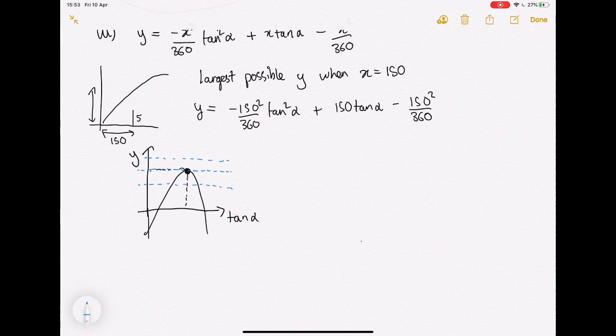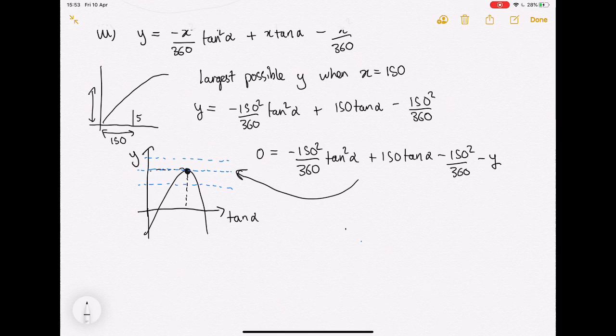So we want to know when the quadratic equation 0 equals minus 150 squared over 360 tan squared alpha plus 150 tan alpha minus 150 squared over 360 minus y. We want to know, when does this quadratic equation have exactly one root? Because that is going to give us this point here.